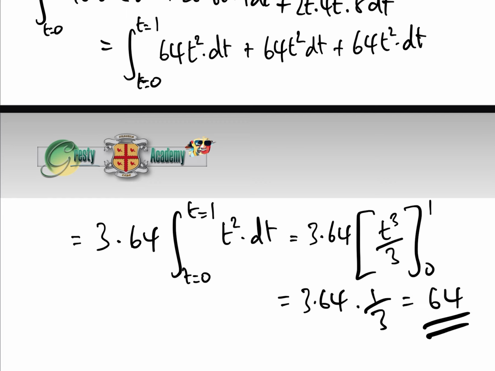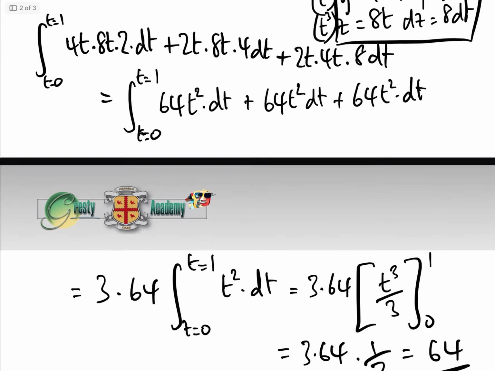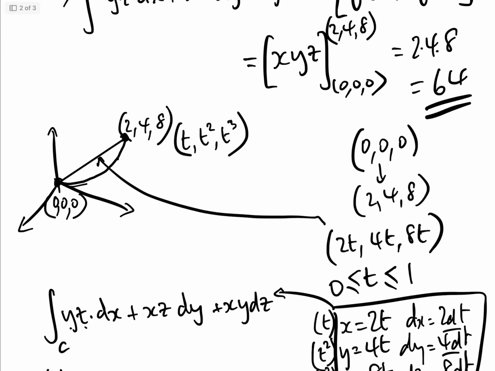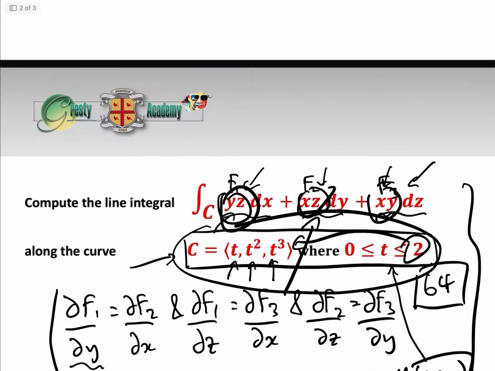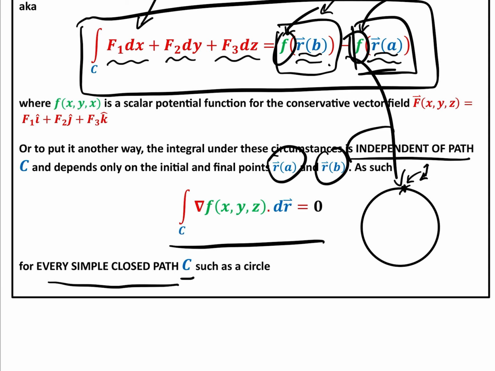And hey presto, even using a different curve, the straight line between the 2 points as opposed to the curved line, we still get the answer 64, which we have to, because the fundamental theorem of calculus for line integrals for conservative vector fields says that it is independent of the path and only dependent on the end point and the beginning point.